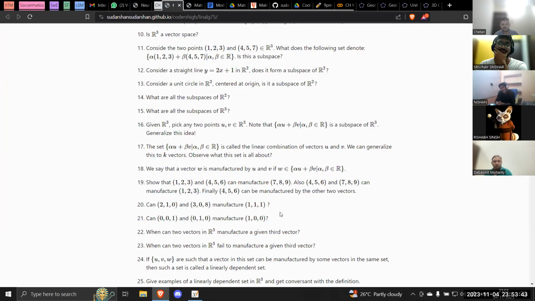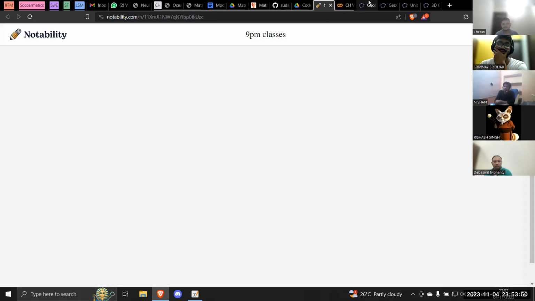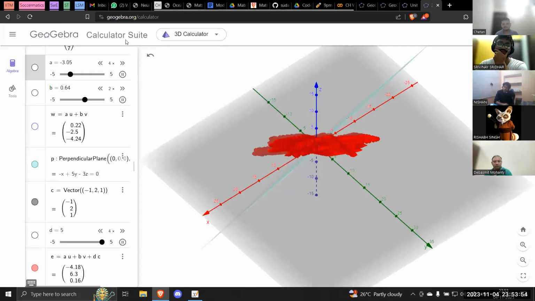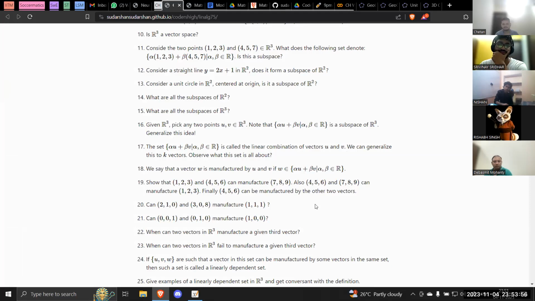We'll focus on that as well. Can anyone tell me, if I take five vectors from R3 and take the linear combination of those five vectors, what am I going to get?